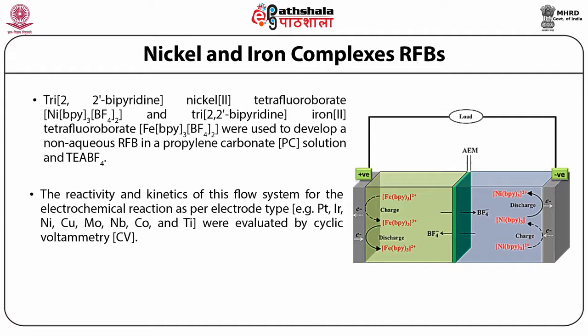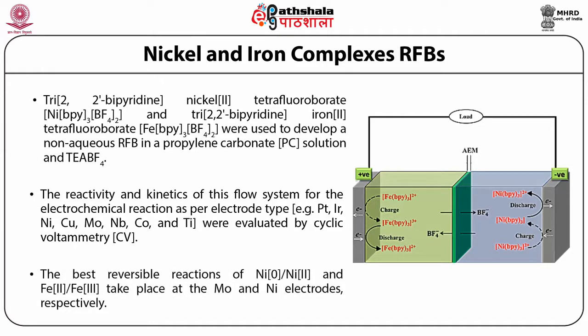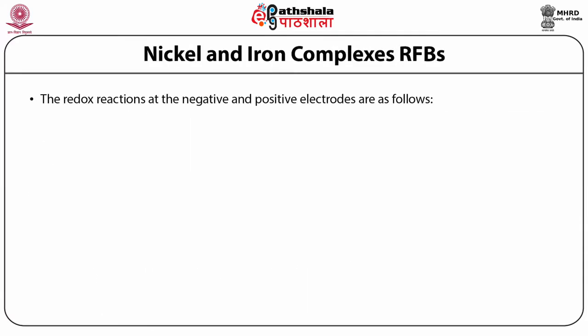As shown in the figure, the best reversible reactions of Ni0/Ni2+ and Fe2+/Fe3+ take place at the molybdenum and nickel electrodes respectively. The redox reactions at the negative and the positive electrodes are as follows.